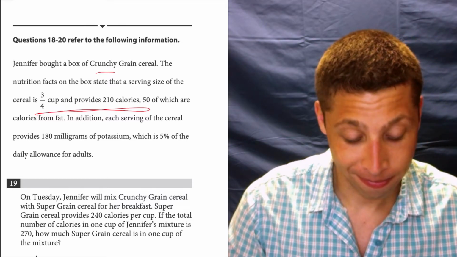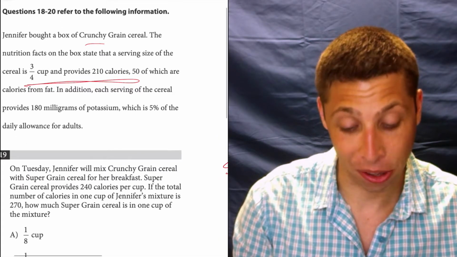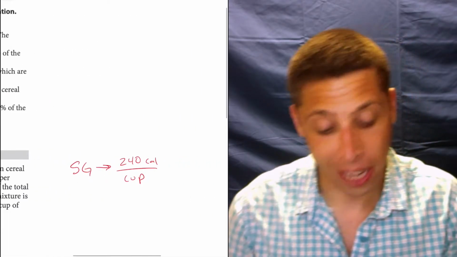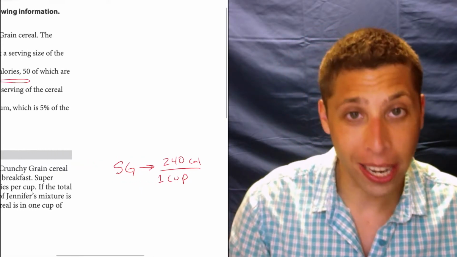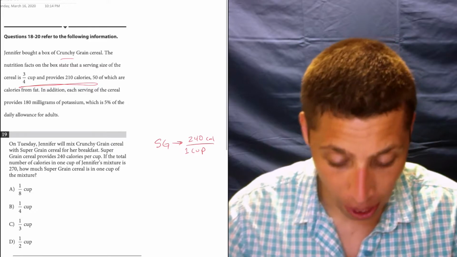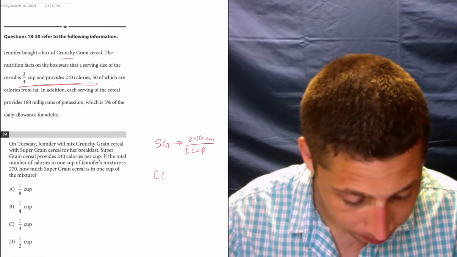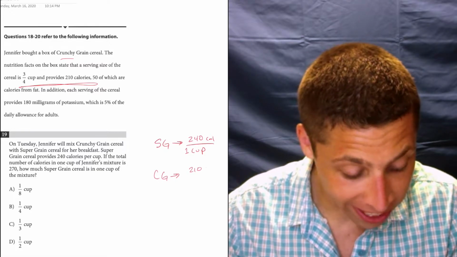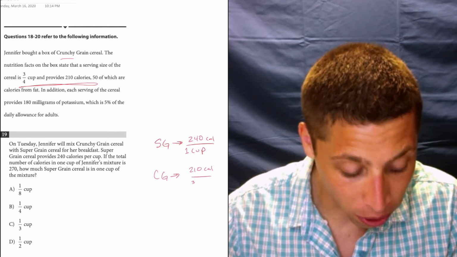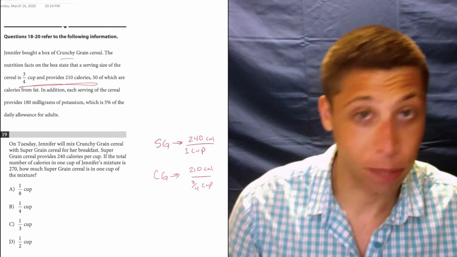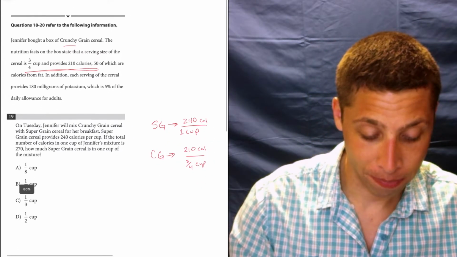It's kind of annoying that that's 3/4 of a cup and this is per 1 cup, but I'm going to write it as stated. Let's get it out of there first. So crunchy grain is 210 calories per 3/4 of a cup. I could put it as a decimal, but let's just leave it like that.